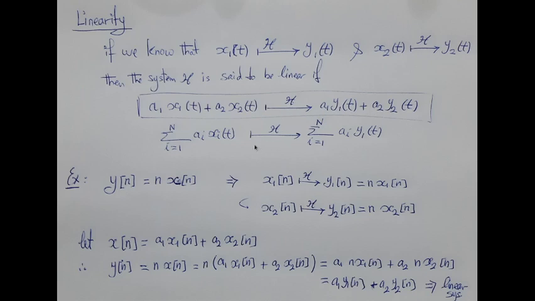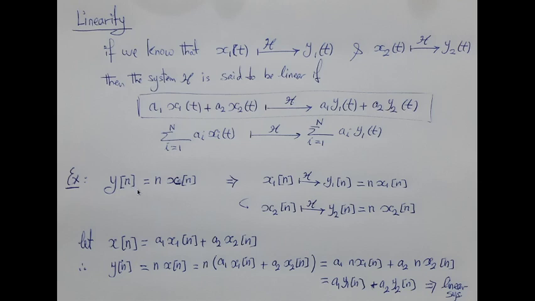In more general terms, a summation of ai times xi of t will result in a summation of ai times yi of t, which is the expression we have seen in the slides. But here we're trying to simplify things, so only two inputs and their corresponding two outputs should be enough.